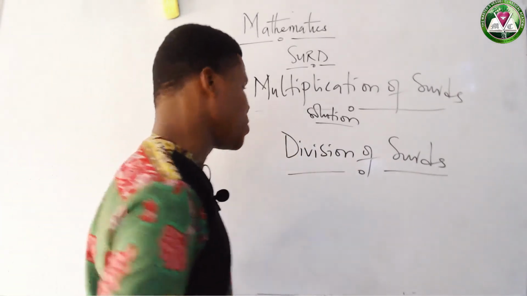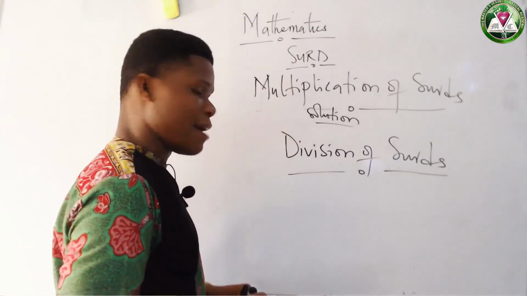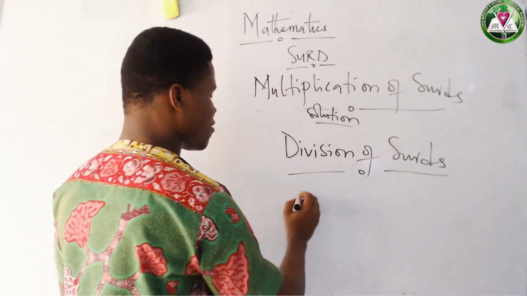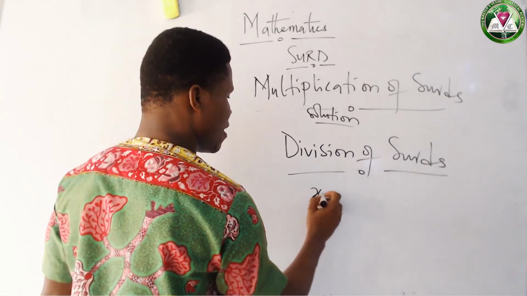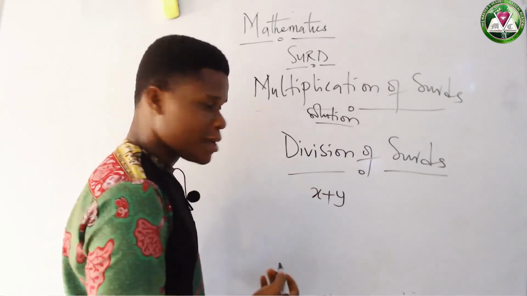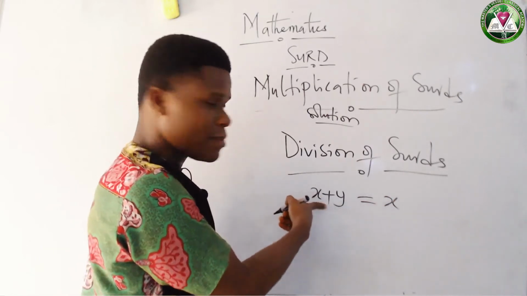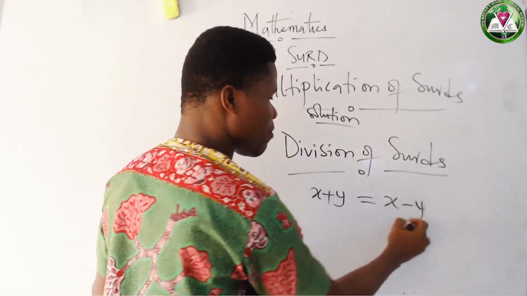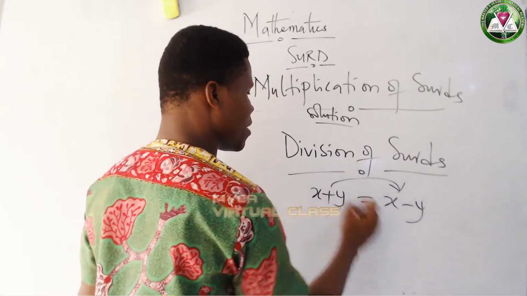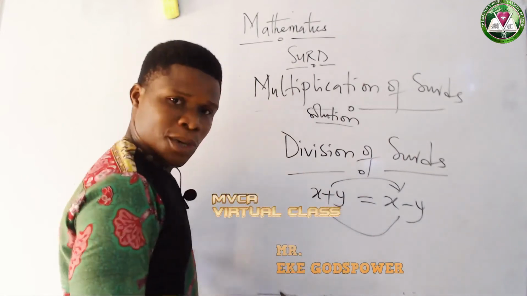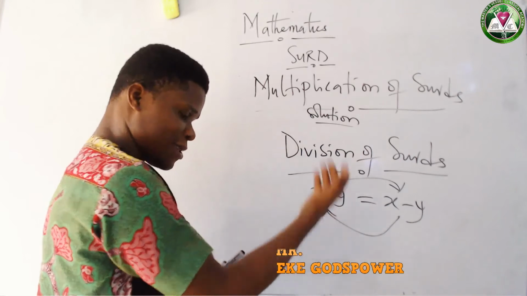What do we call conjugates? Conjugates are when you have something like x plus y. The conjugate of this is x minus y. You change the sign in between them from plus to minus. This is the conjugate of this one, and this is also the conjugate of this. We'll make use of this as we go ahead.